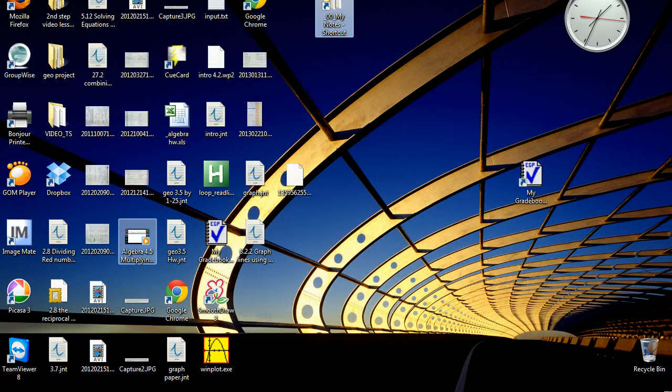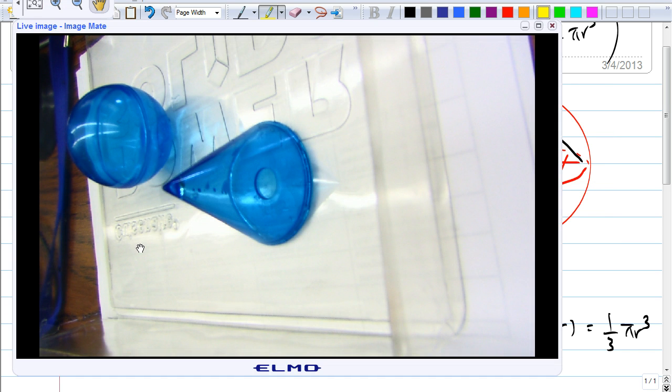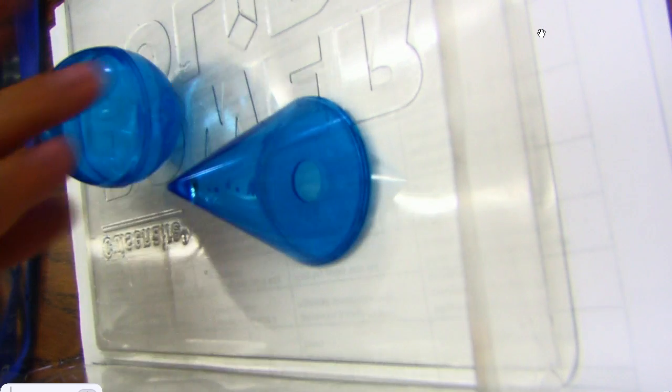So what I want to do now is show you something. I want to do the water thing again, but you know what? I do have a sphere, which is nice. But look at my cone. This cone does have the same center. If I were to open this up, it does have the same base, right?